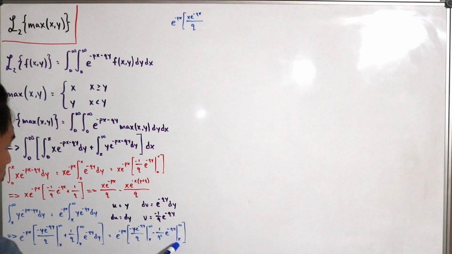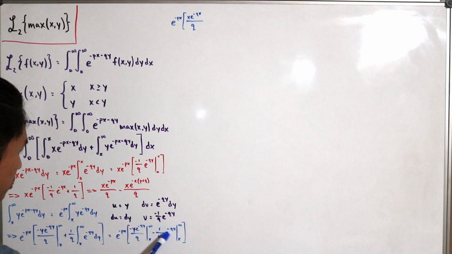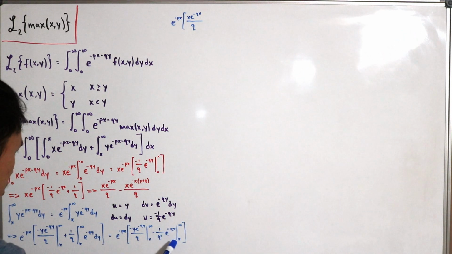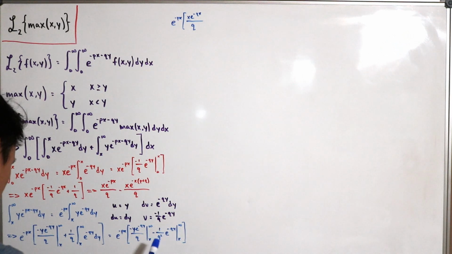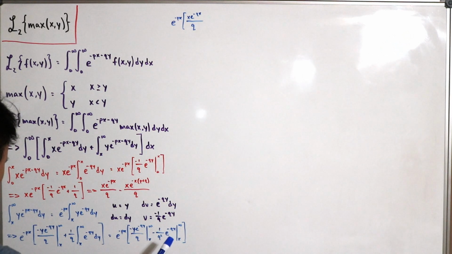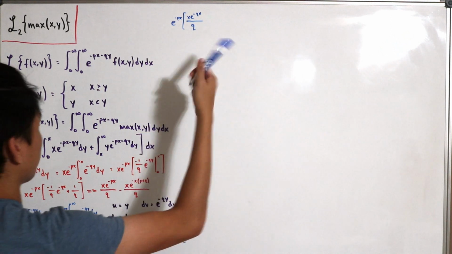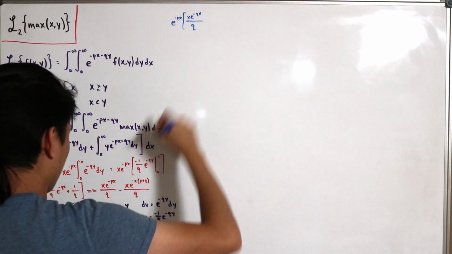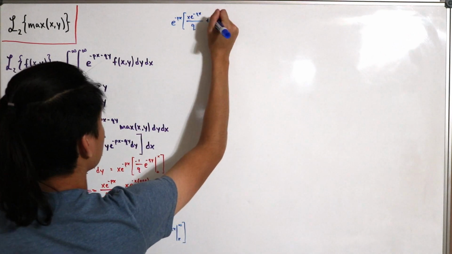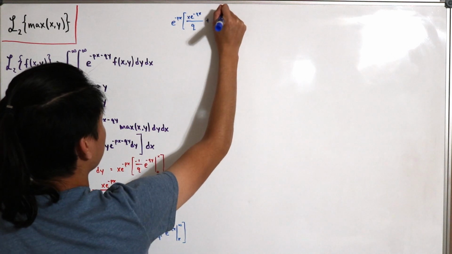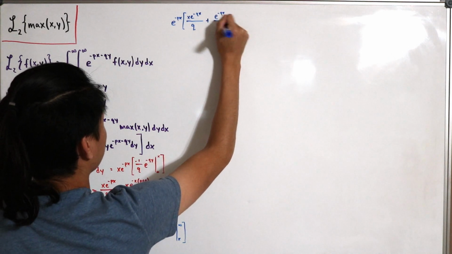For the second term, evaluating from x to infinity, infinity becomes 0, and you plug in x, so this will be e to the negative q times x. Actually, this is minus 1, so that becomes a positive 2. So this will be plus e to the negative qx, divided by q.